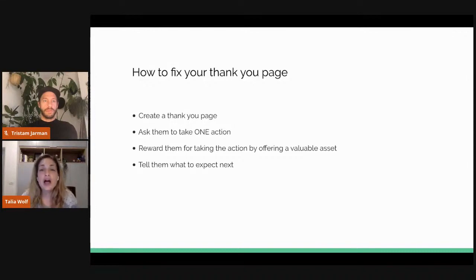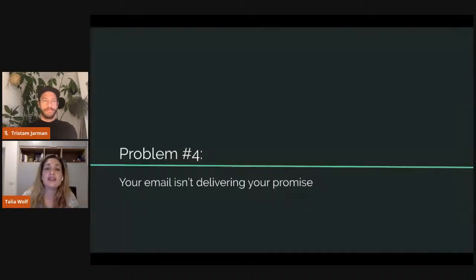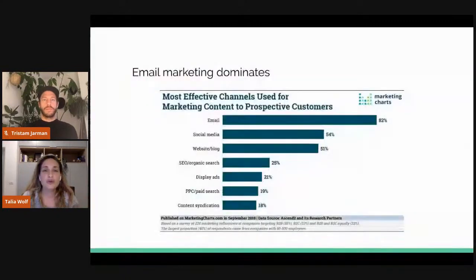Okay, so the last problem that you may be experiencing is that your email isn't delivering on your promise. So this is a big issue when it comes to emails. People love to say that email is dead, it's not working, but I'll just show you a quick number: email is still the most effective channel today when it comes to leads and sales.